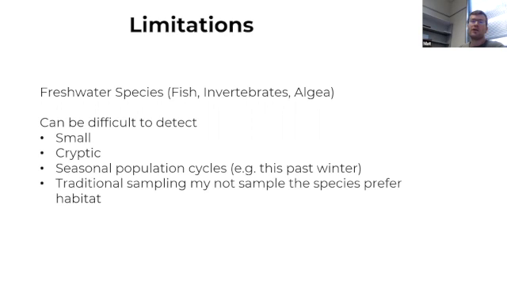So for example, if I use kicknet sampling to sample rivers, I'm a bit limited on what types of rivers I can sample from, because you need coarse material of a certain size, so rocks, boulders that are the right size to appropriately sample from the river.